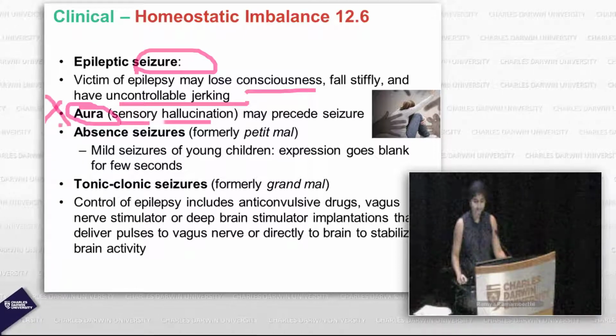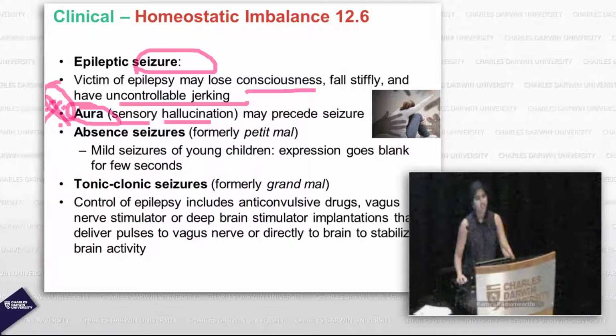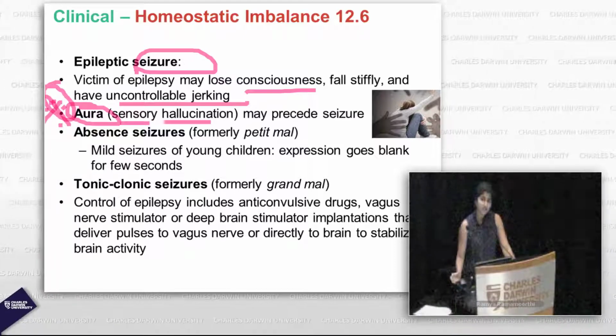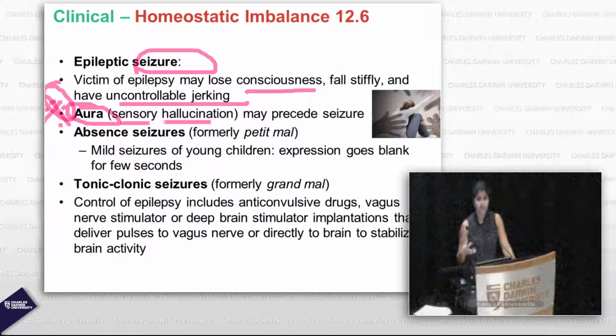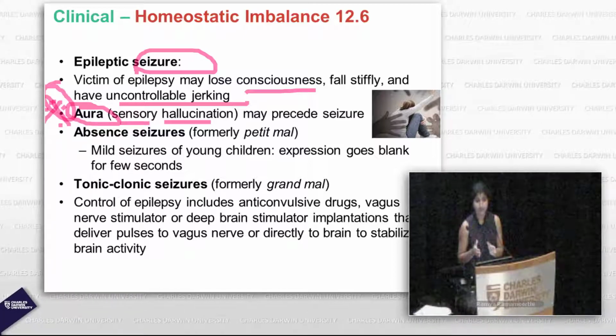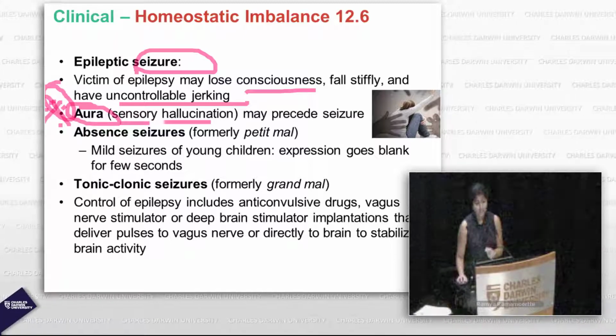With little kids, the seizures usually do not produce any jerky movements. With febrile convulsions you commonly see jerky movements, but infants, especially those less than 1 year, don't have these types of seizures. What they have are mild seizures happening in the brain.